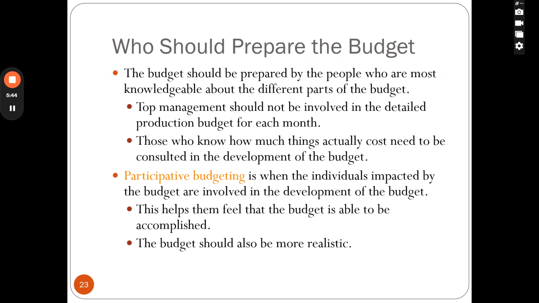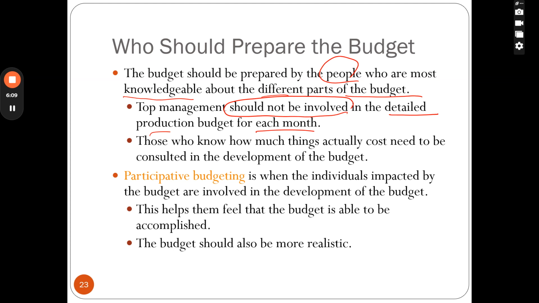And now this is talking about who should prepare the budget. The budget should be prepared by the people who are most knowledgeable about different parts of the budget. People who are involved with the operation should be involved in preparing the budget. Top management should not be involved in the detailed production budget for each month.